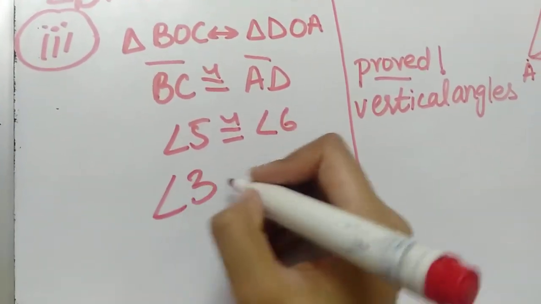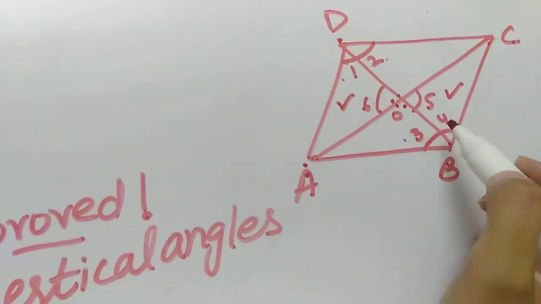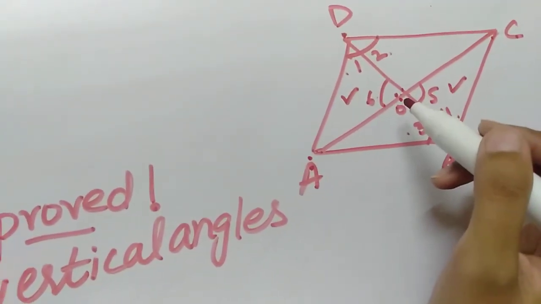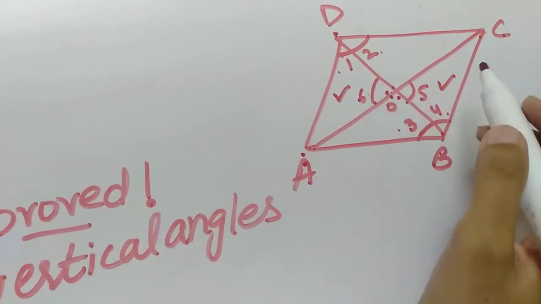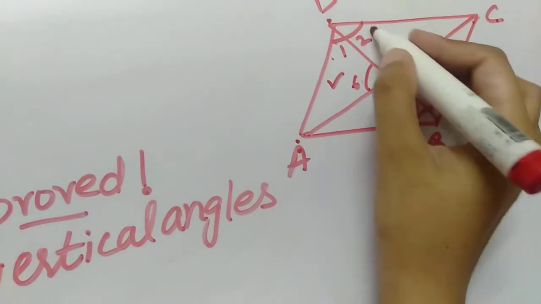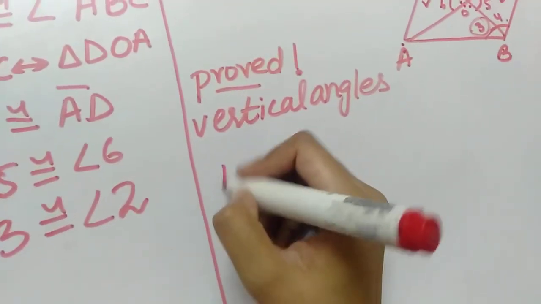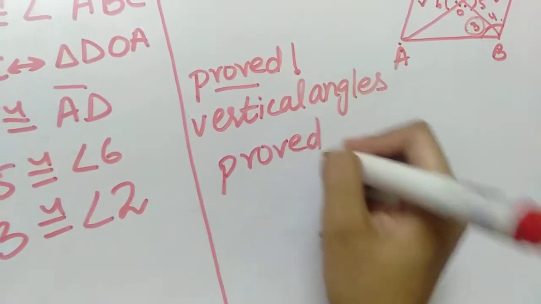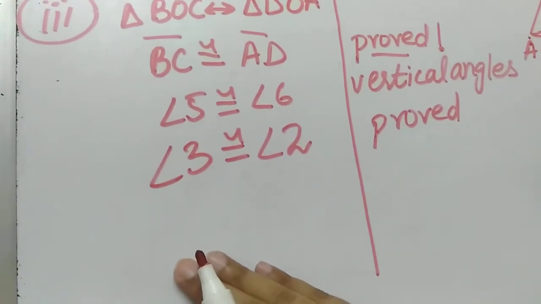So angle 3 is congruent to angle 2, because if you can see here we have angle 3 and here we have angle 2. It's already proved that they are congruent.